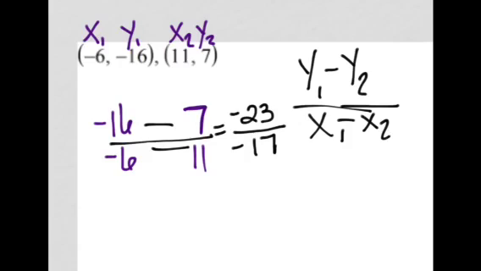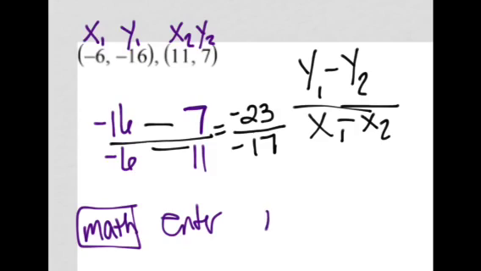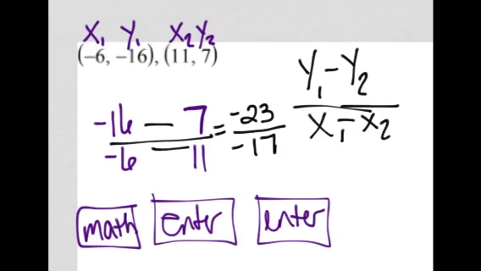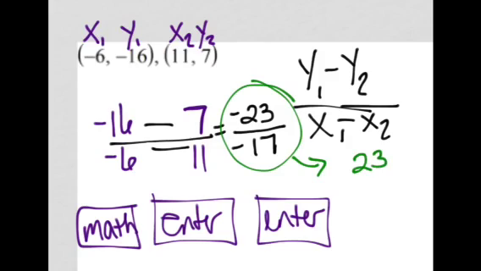Then I get out my math button, enter, enter. And I realize that negative 23 over negative 17 will actually reduce to 23 over 17. Because when you divide a negative by a negative, it is actually a positive.